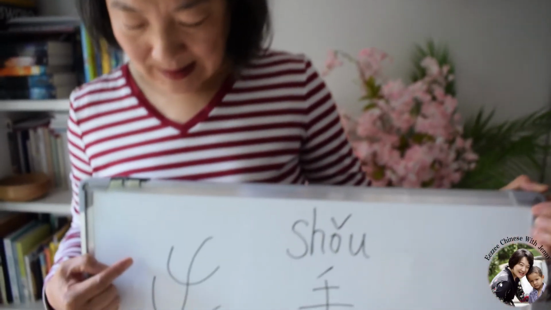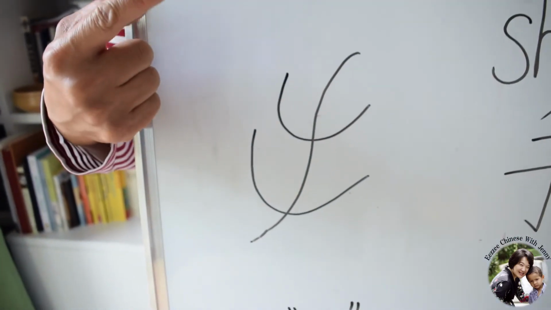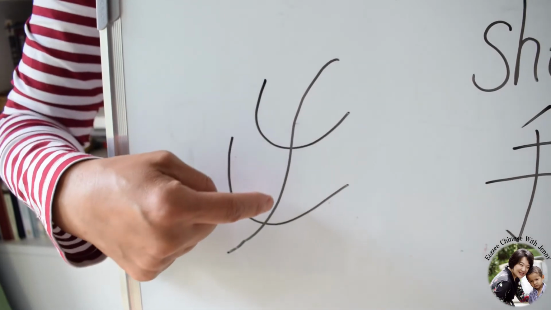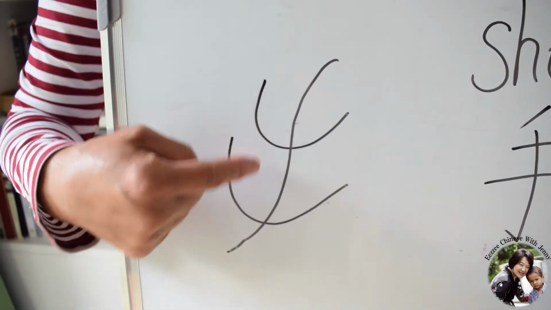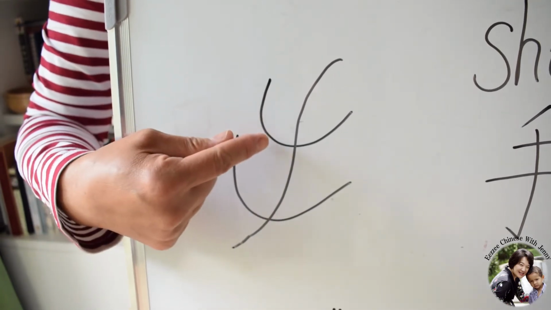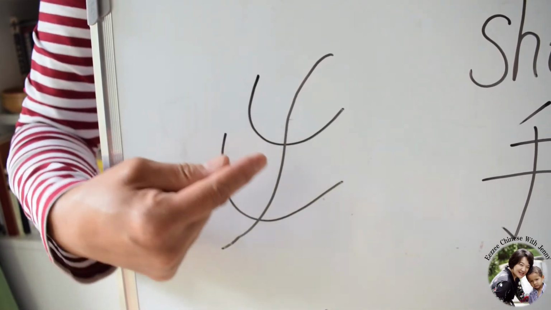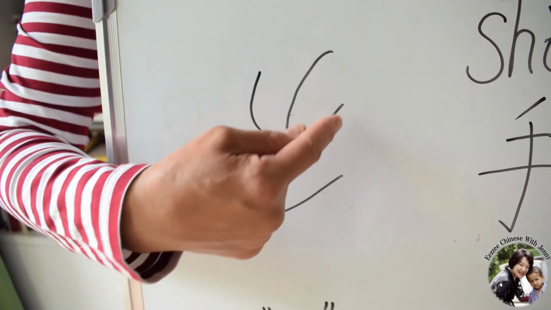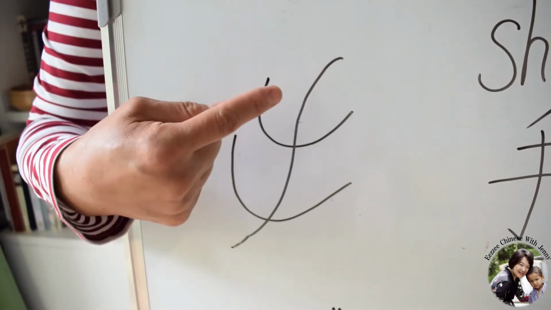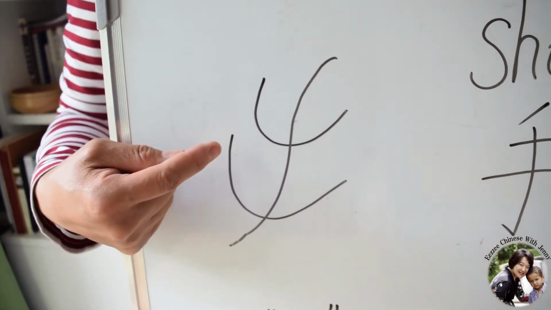What do you think about this shape? If I explain to you, this is your index finger, and this is your big thumb, and the second finger, and the last two fingers. So this shape represents a hand.